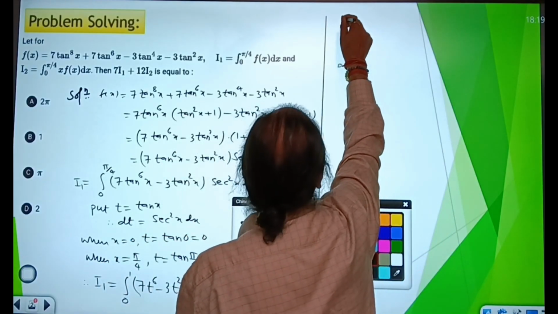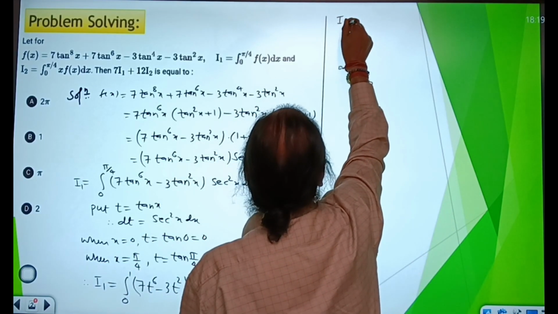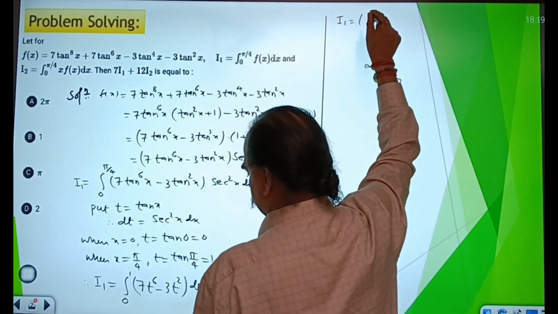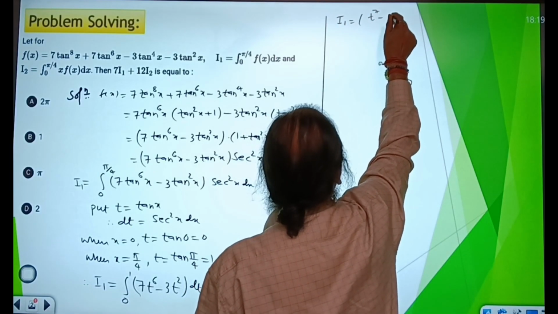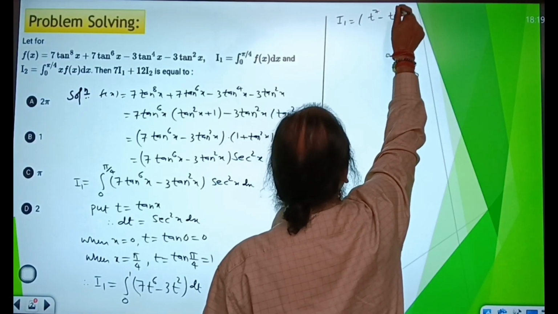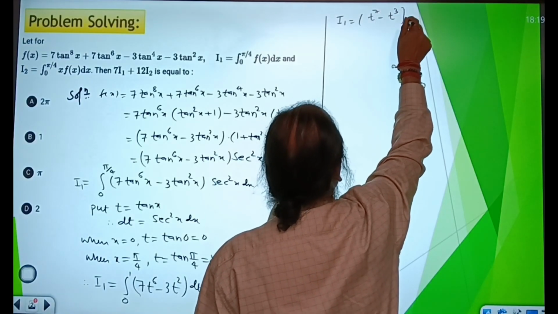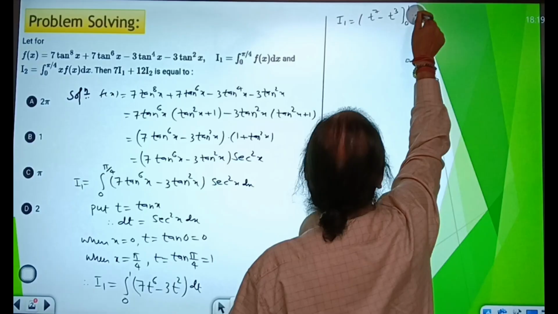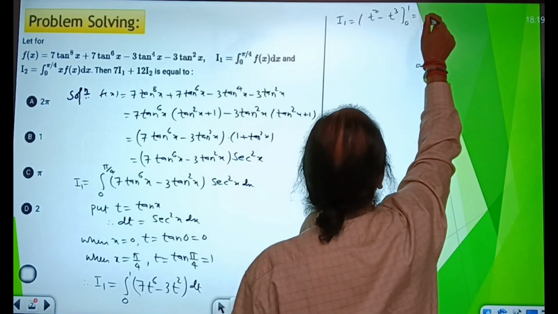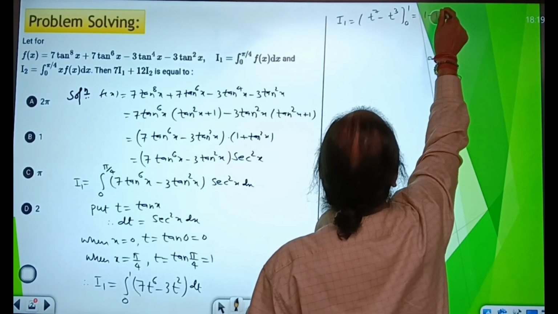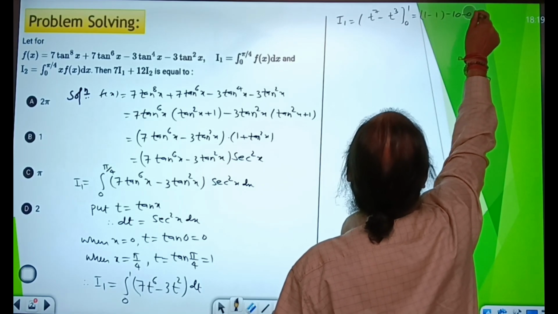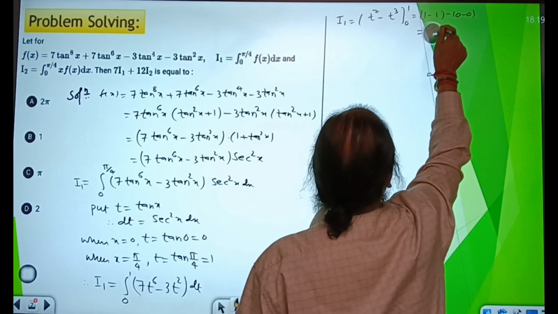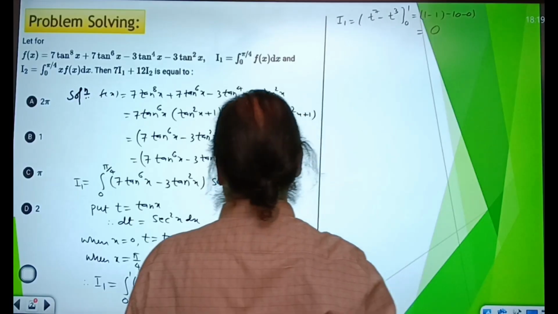So I1 is what? t^7 minus t^3, 0 to 1, will give you 1 minus 1. So the value of I1 is 0.